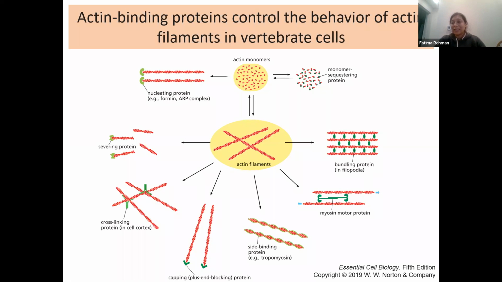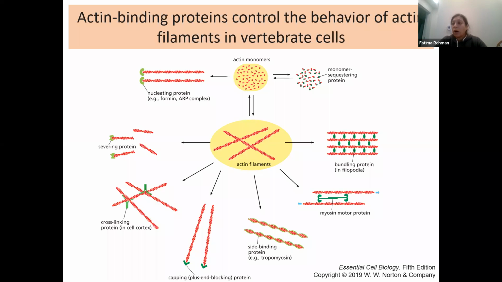So in certain cases, you can block the plus end so that they no longer polymerize and no longer continue to grow. They can also have proteins along their sides to create a stable structure that will be part of a tissue or part of an organ system.